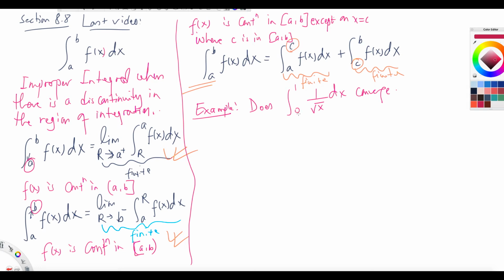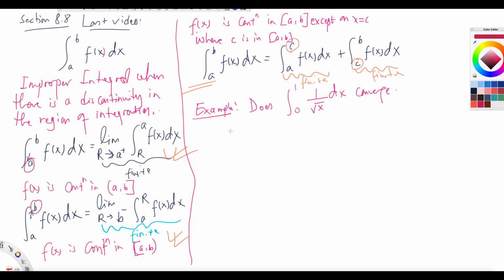Okay, let's plug in 0. If you plug in 0, you will get 1 over 0. Oh yes, this function is not continuous at x equals 0, right? You see that this value is not defined, it is infinity, right?